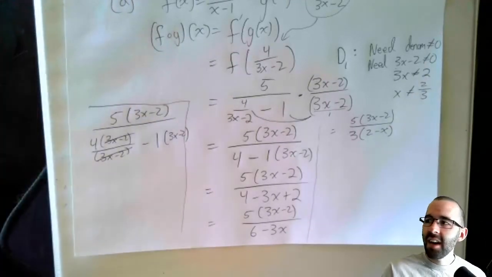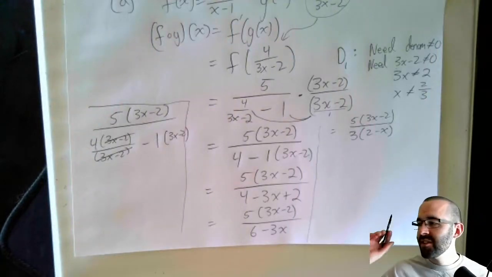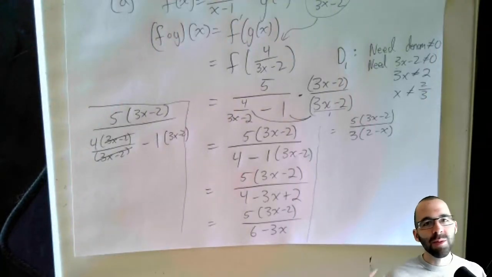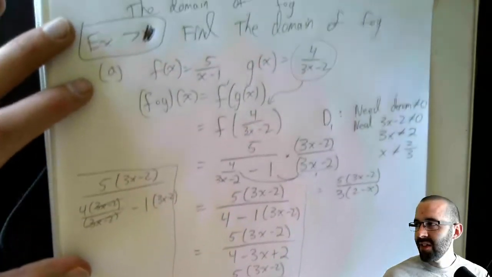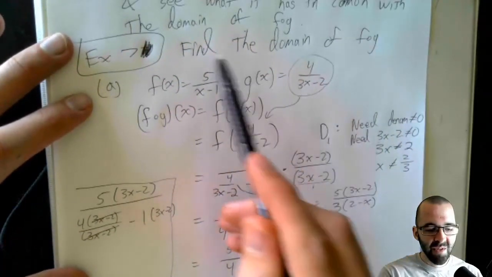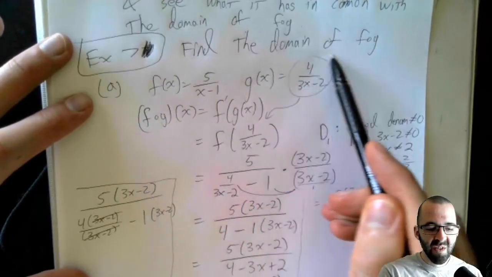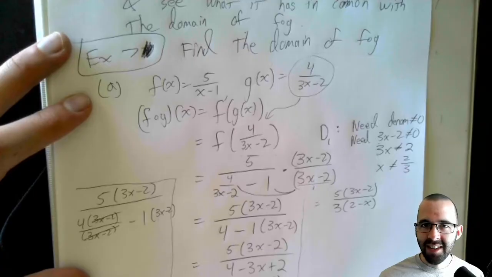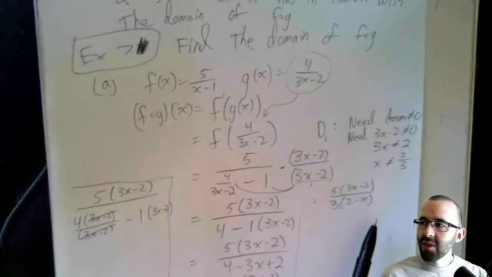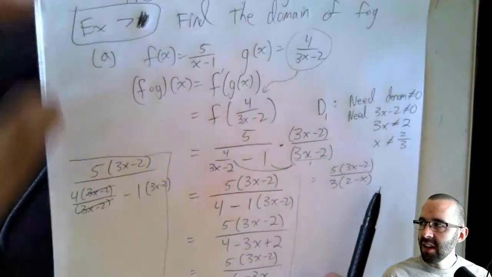And you might say, oh man, that was exhausting. I'm so glad we finished this problem. We haven't finished the problem. We're trying to find the domain of f of g.